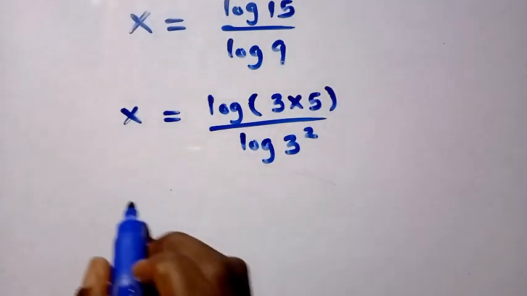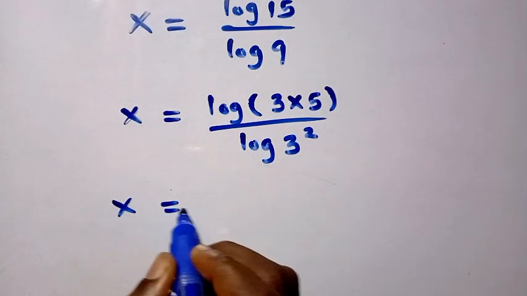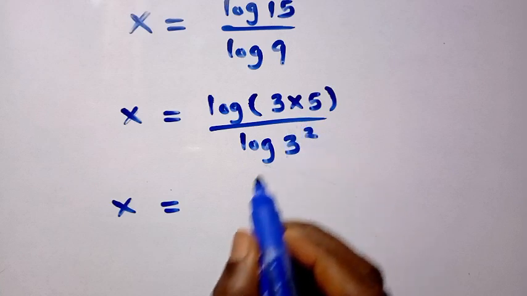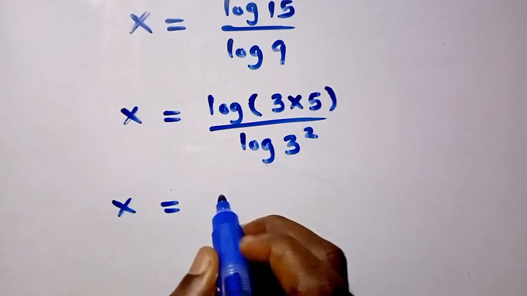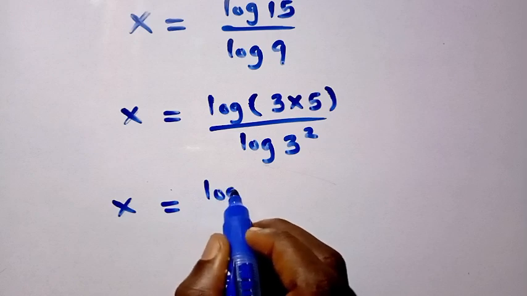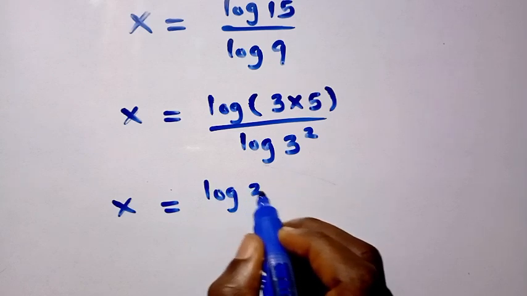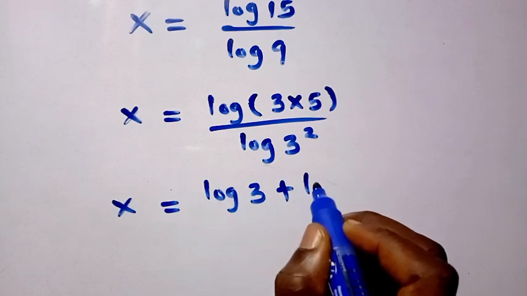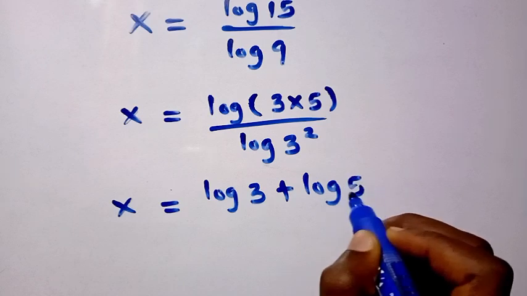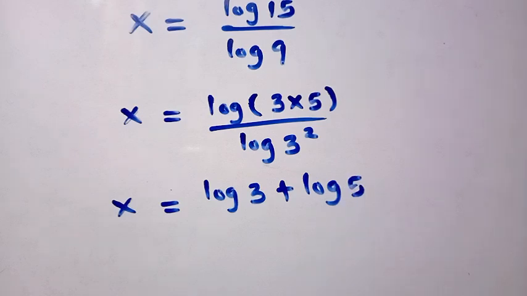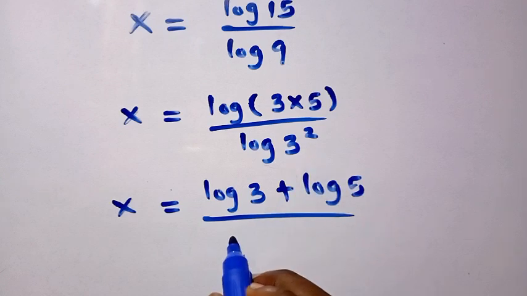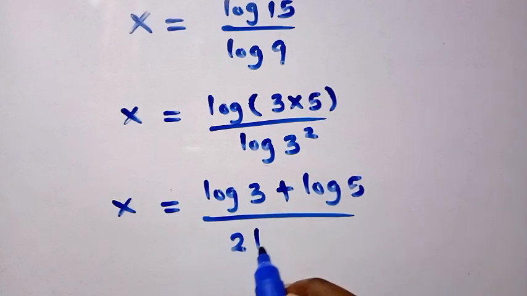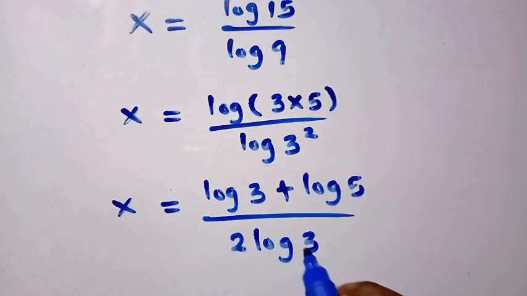Then we have x equals, here is the log of a product, a multiplication of 3 and 5, which is the same thing as log 3 plus log 5 when we apply the rule of log, divided by, also we have 2 here, it becomes 2 log 3.